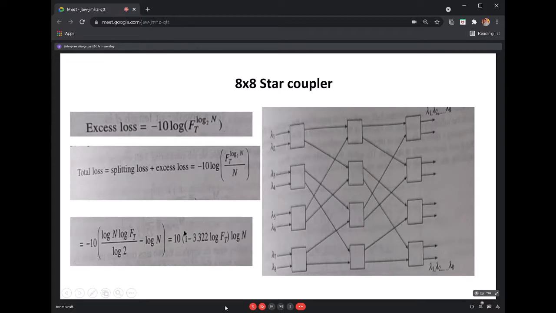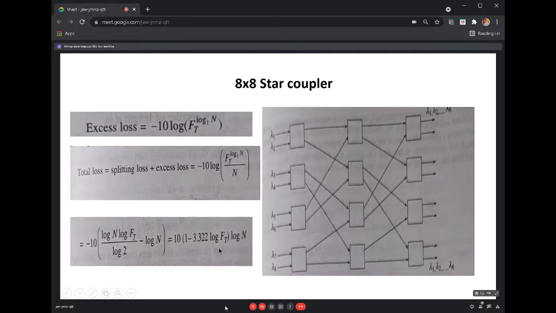So this shows the total losses. With this we can conclude, we can give a remark saying that the loss is dependent upon this n value.